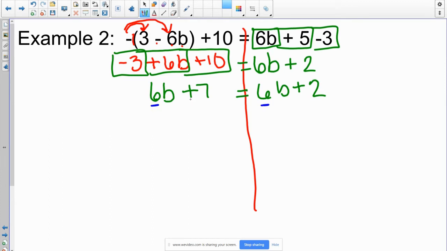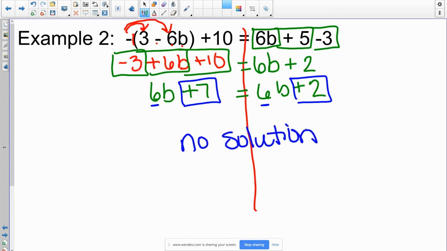And then I'm going to look at my constants, and I have a positive 7 and a positive 2. If my coefficients are the same but my constants are different, I can interpret this as no solution. There is no way I can plug anything in for b, multiply it times 6 on both sides, and then add 7 to this side and add 2 to this side. It will never equal the same.